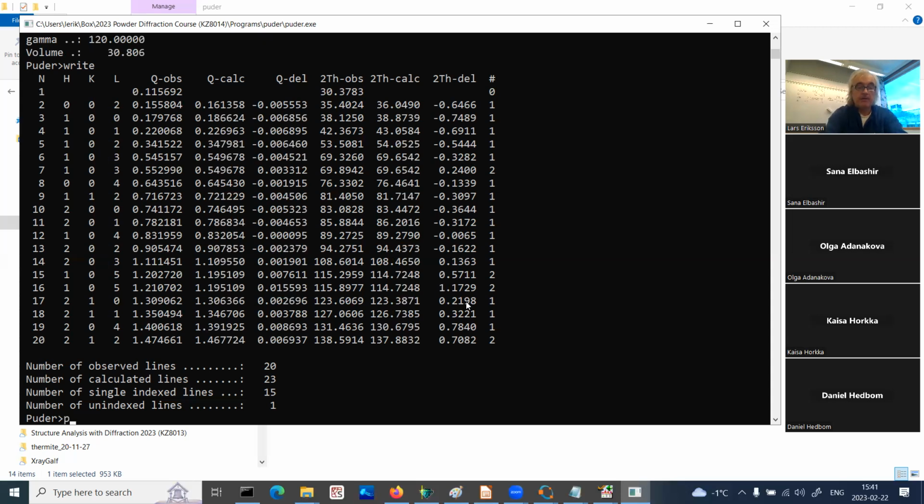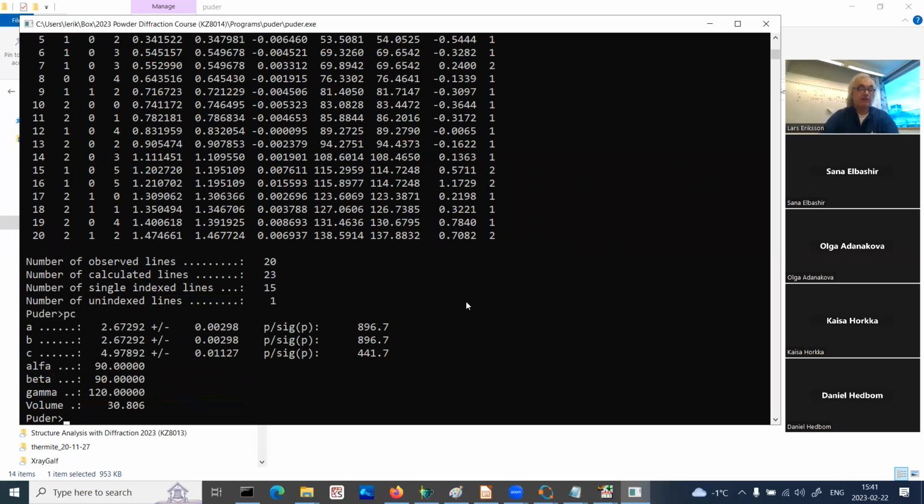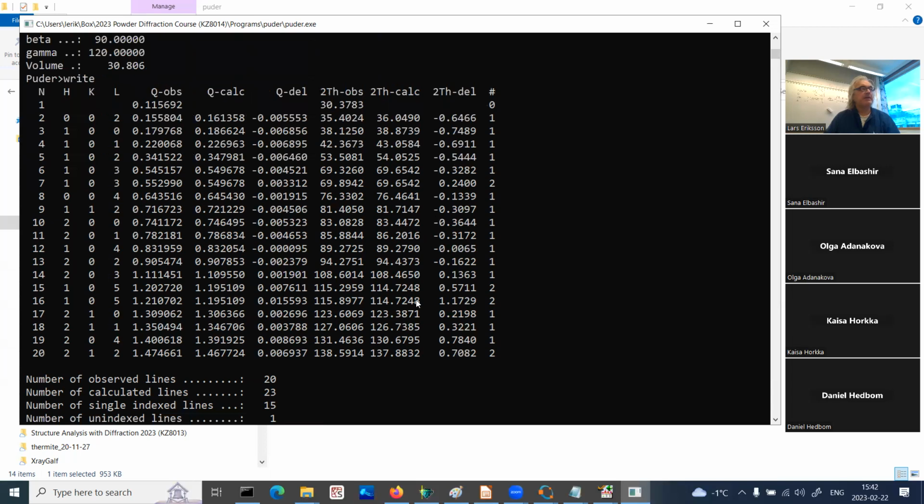But the unit cell parameters stay approximately in the vicinity of 2.67, and this is not at all reliable, I would say, because we don't know what effect these systematic errors have. Now they are both negative and positive, so perhaps they cancel each other.